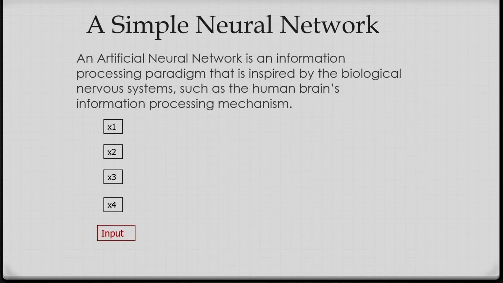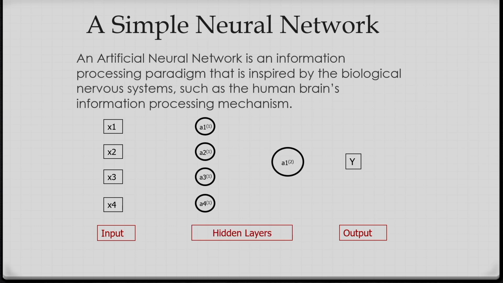In case of the artificial neural network, as I have already explained, we have the inputs, that is the input layer, and the output is Y, as I am showing here, and also the hidden layers are available. You can see the nodes corresponding to the hidden layer A1, A2, A3, A4.